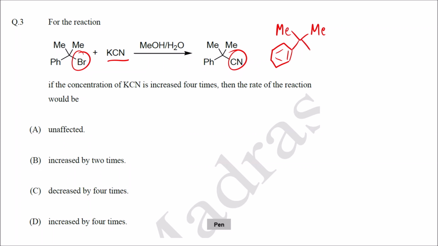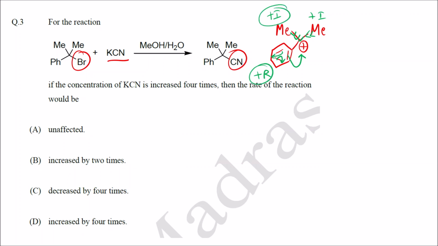So the first step is we can remove the leaving group and we will form a carbocation. Now the question is, is this carbocation stable? The answer is yes. Why? Because the methyl group donates electron density via plus I inductive effect. Plus this is a benzylic carbocation, so it will also be stabilized by resonance.